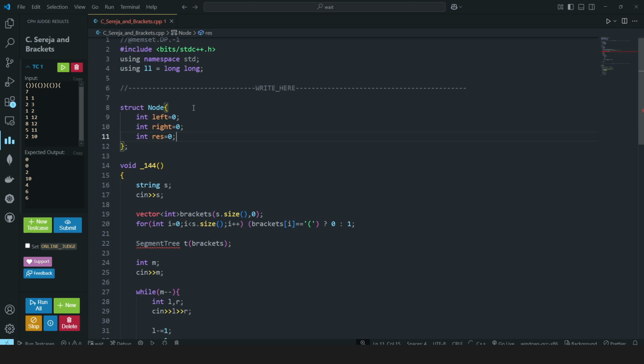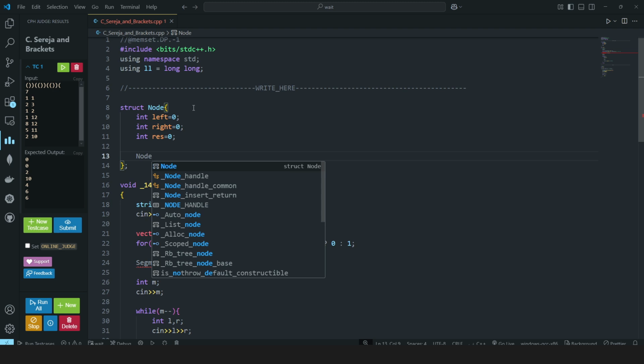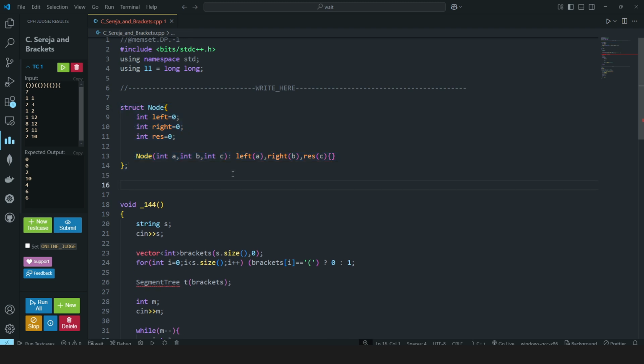Let us write a constructor for it. In this way I have written the constructor, and I have also written the structure for each node, right? Now we have to start writing the segment tree class.